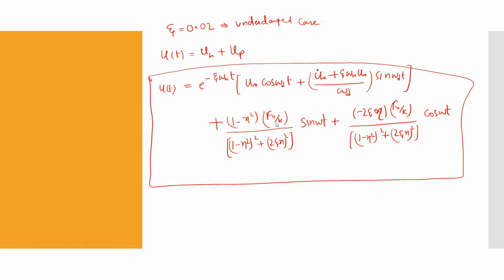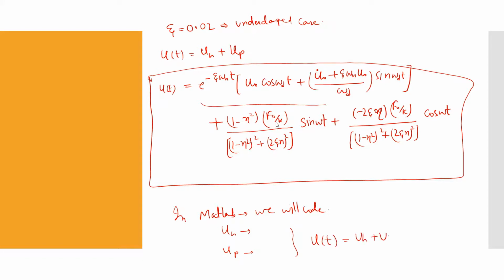So in MATLAB we will code. First we will solve for the homogeneous part, so u of homogeneous we will solve, and then we will solve for the particular case, and then we will write the total response as uh plus up.